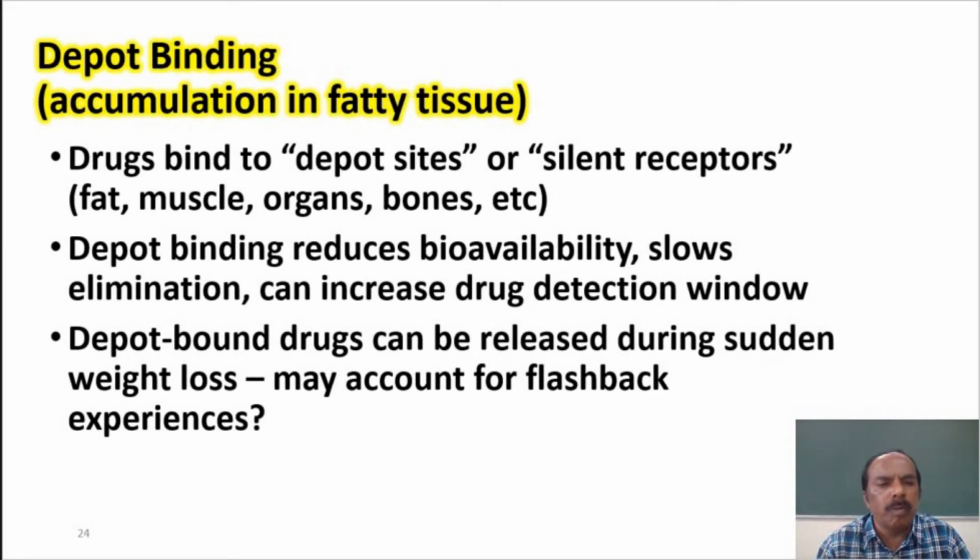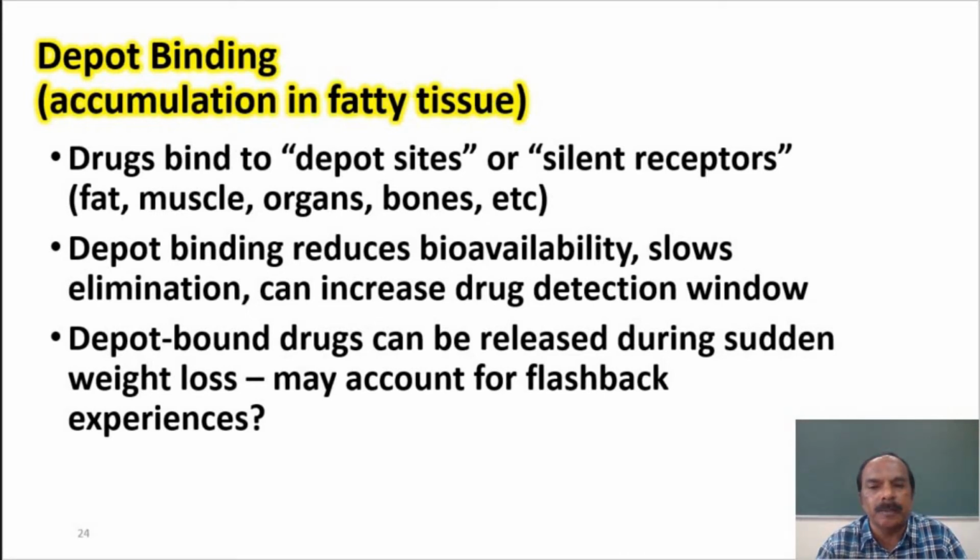Coming to depot binding. Whenever the drug enters your body, the drug is accumulated in fatty tissues. Drugs bind to depot sites. They are called silent receptors. They are in the fat, in muscles, in organs, or they may be in the bones. This depot binding reduces bioavailability.